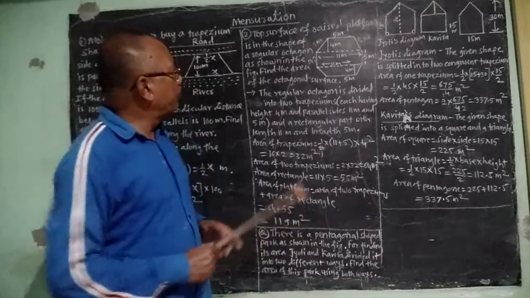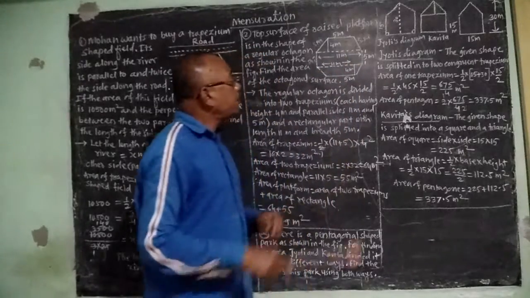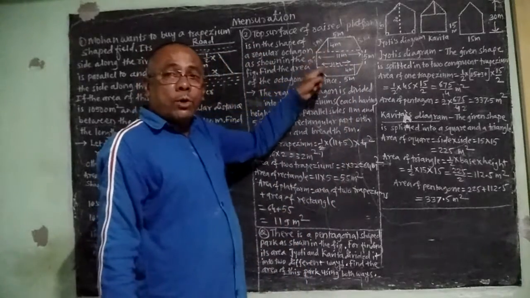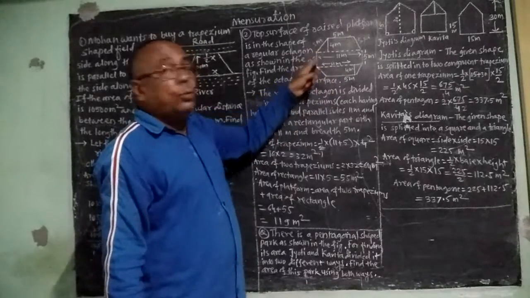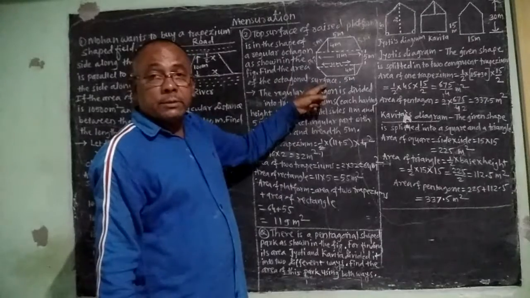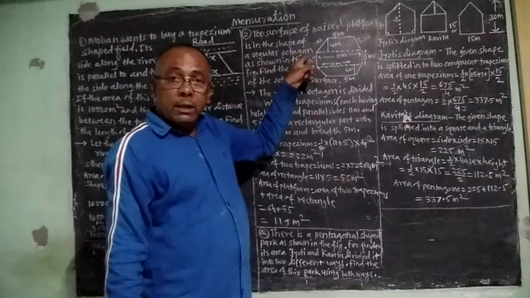Here, if we draw the two dotted lines as shown in the figure, then the regular octagon is divided into two trapeziums and one rectangle.